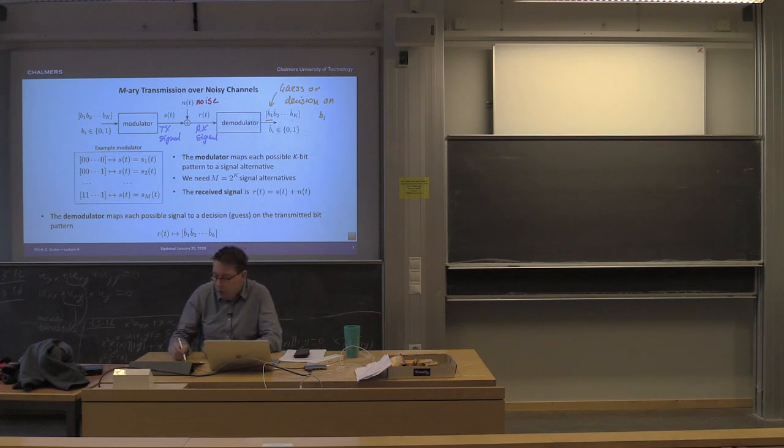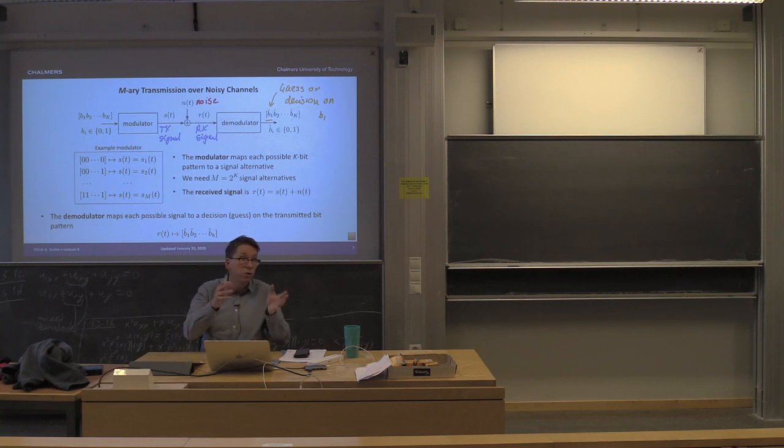Okay. So this modulator, what it basically is, is a simple mapping from bits to a signal. So if we have the pattern 0, 0, 0, then the output would be S1. If the pattern is 0, 0, 0 and then a 1, then the output would be S2 and so forth. Right?